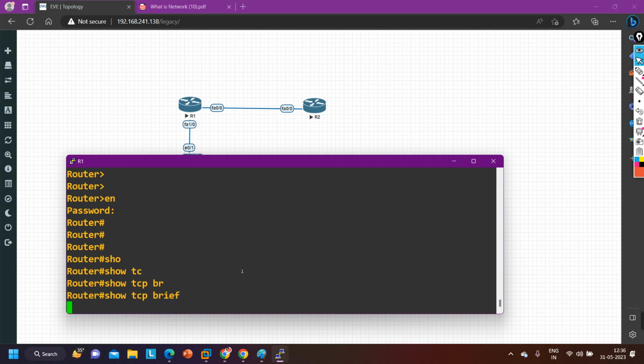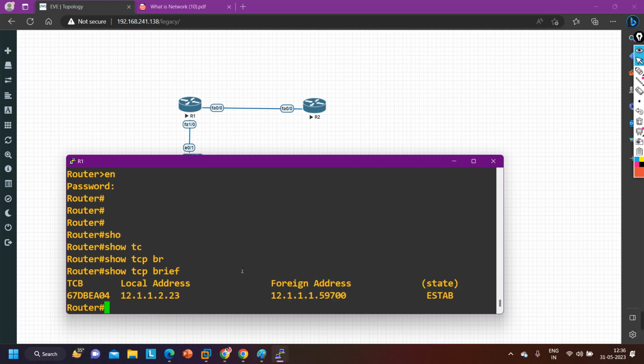See, there will be one connection. Are you able to see? Yes. There is one connection from 12.1.1.1 to 12.1.1.2. Yes or no? Yes. The port number of 12.1.1.2 is 23.